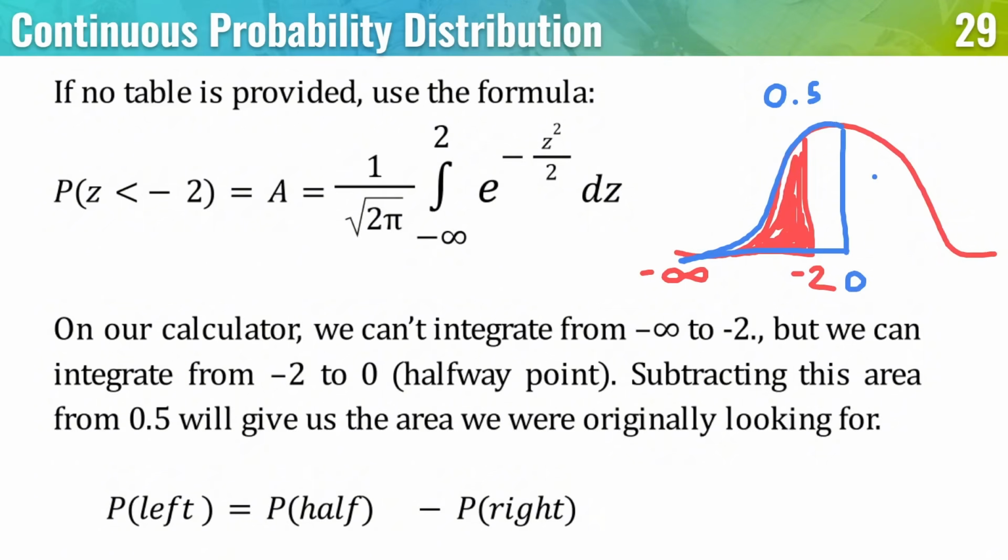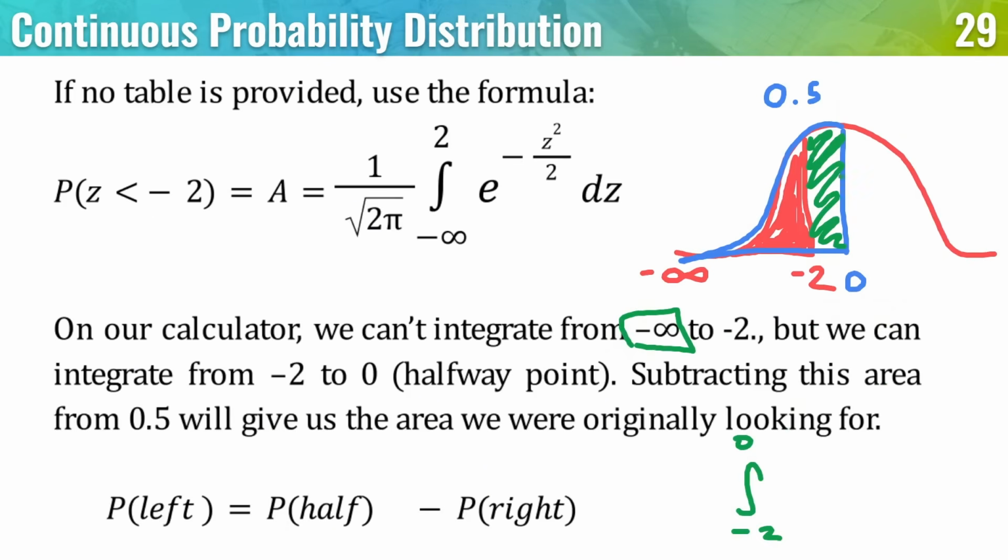So basically, we need to find something that is bounded by two actual numbers we can put in the calculator. This green part I've put here is the integral from negative 2 to 0, because again, we can't integrate from positive or negative infinity on our calculator.